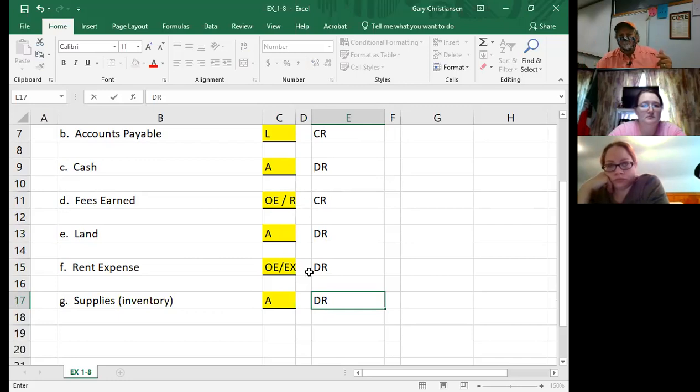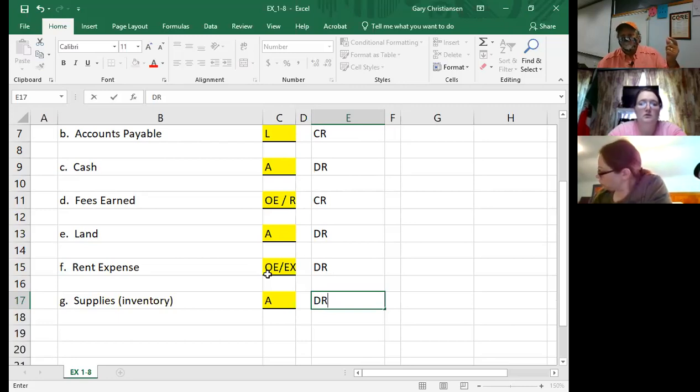If you remember what we did in practice exercises 4, 5, and 6, we took net income and moved it into the capital account. And net income is revenue less expense. So expense will eventually end up in the capital account, the owner's equity account, but it will reduce it. It'll make owner's equity smaller, and to make owner's equity smaller, it has to be a debit.